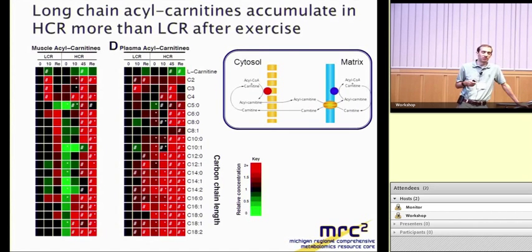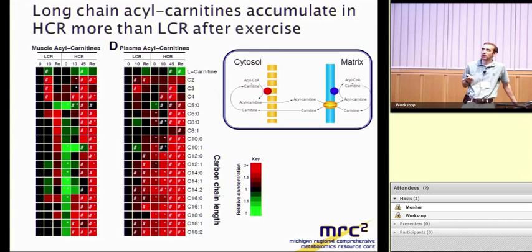And so this is reflective, we think, of the extent to which fats have been mobilized and are being utilized in these animals at that long duration exercise. And they're showing up at really high levels in the plasma here because we've begun to reach the point at which they can no longer be handled by the mitochondria.